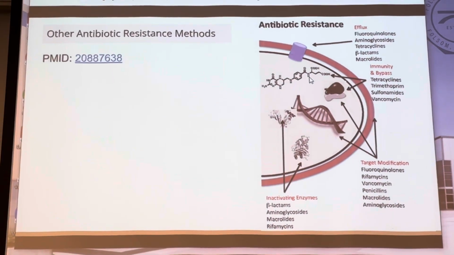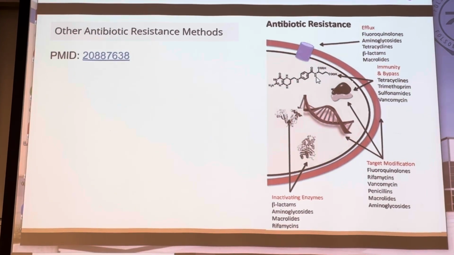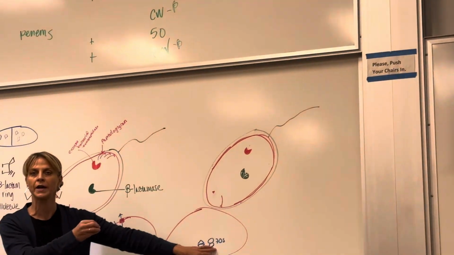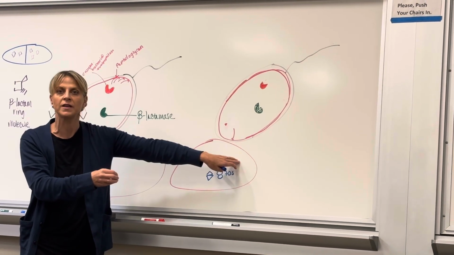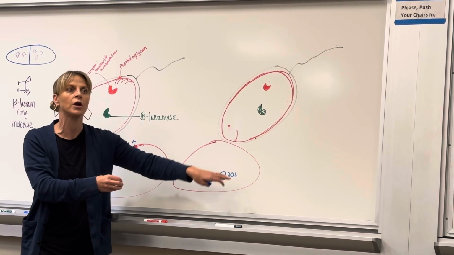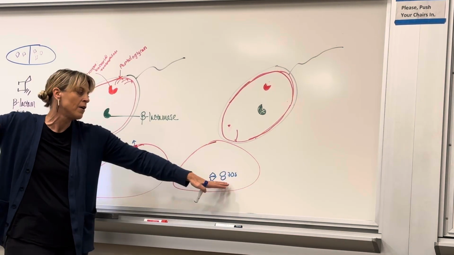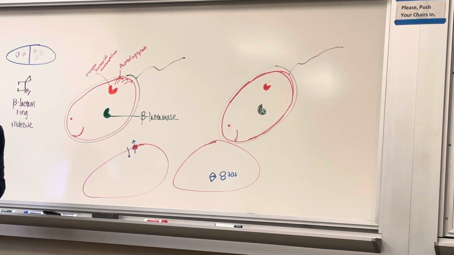So for example, if the target is the 70S ribosome, and there's an area of the 70S ribosome that the pharmaceutical will target, it's going to make a target somewhere else that looks like that 70S ribosome. So the pharmaceutical is going to target something else instead. It's going to pull the pharmaceutical away from its main function. So is it like a dummy? Yeah, like a dummy. Yes, exactly. Like look over here, and then it attacks that, and then there's no pharmaceutical left to kill the ribosome itself.